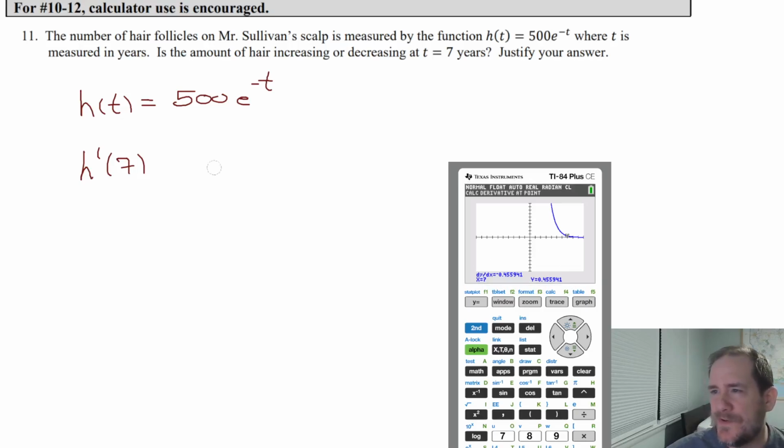I would still want you to justify your answer by telling me what the derivative is. So since the derivative is, I can't read it now that it's gone, negative 0.456. And again, wouldn't kill you to give me units. This would be what? Hair follicles per year?